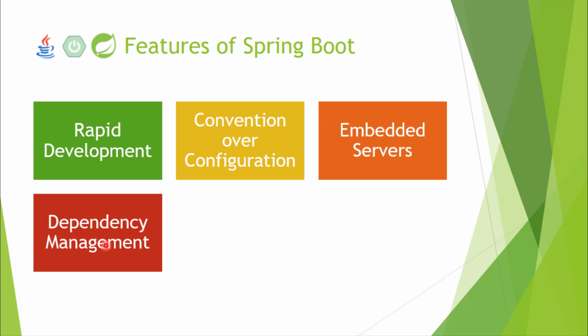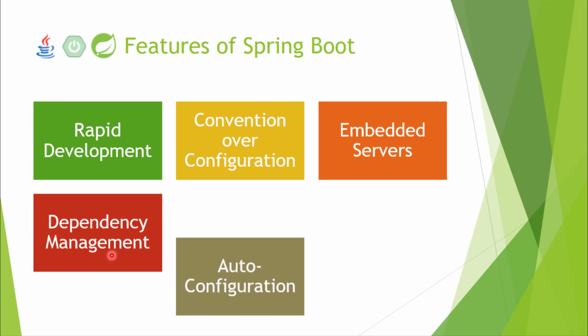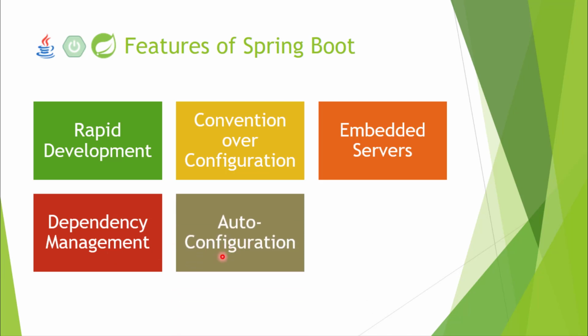Managing dependencies can be a pain, but Spring Boot's dependency management ensures that your libraries are compatible and up to date. 5. Auto configuration. Spring Boot automatically configures components based on the libraries you have in your class path, reducing boilerplate code.